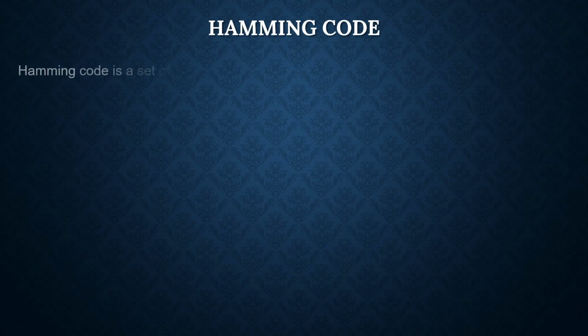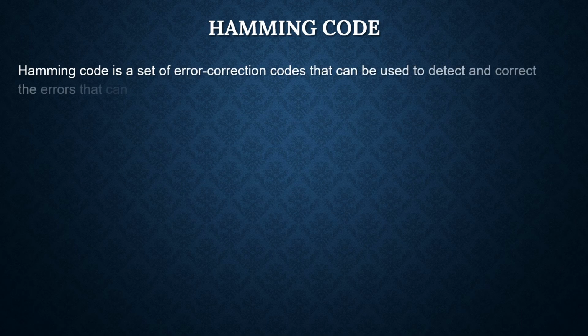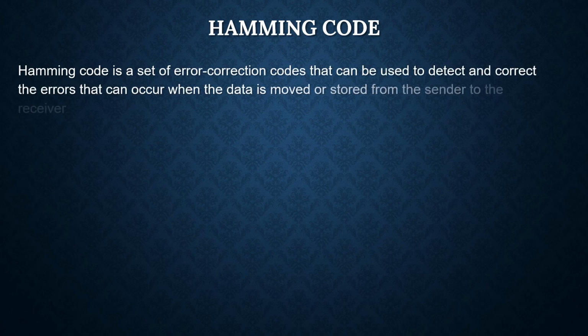Hamming code. Hamming code is a set of error correction codes that can be used to detect and correct the errors that can occur when the data is moved or stored from the sender to the receiver. Redundant bits.